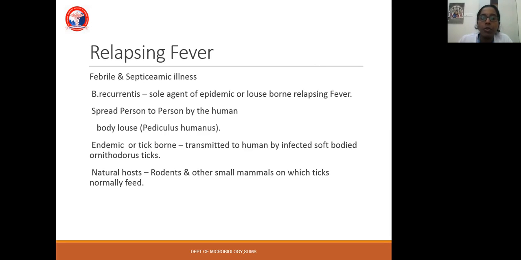So it is transmitted to humans by the louse infected from an infected person. The endemic form is usually tick-borne, okay? And the host can be rodents or other mammals.